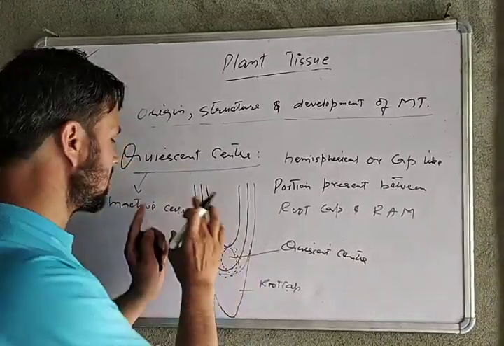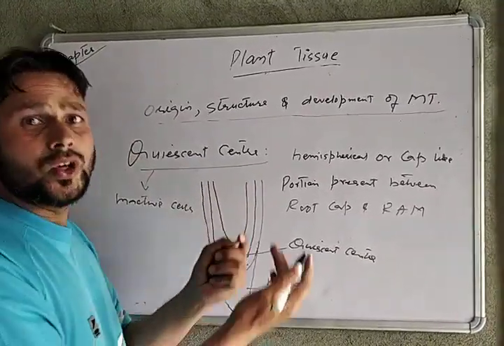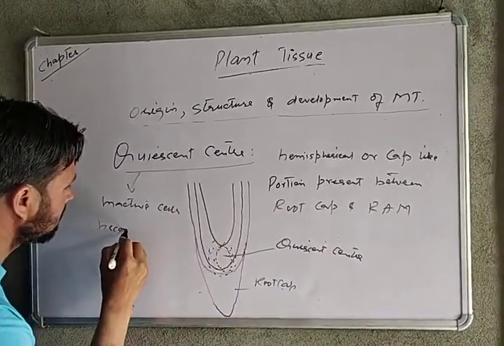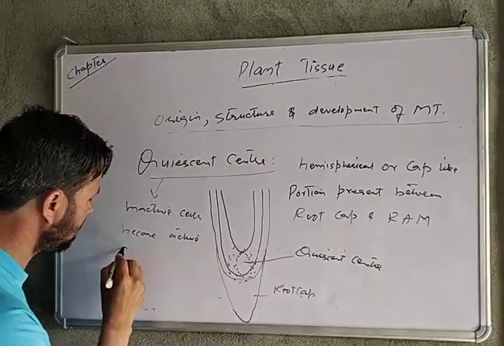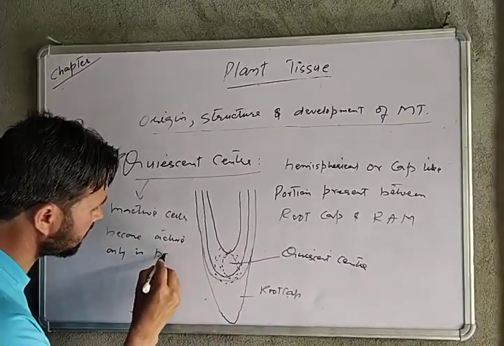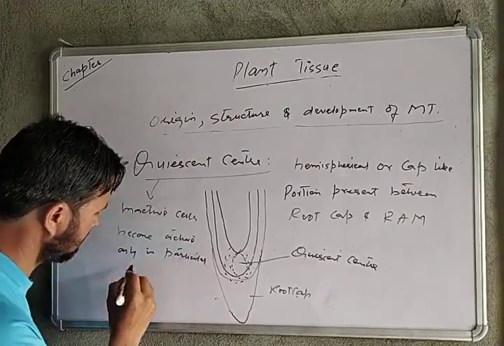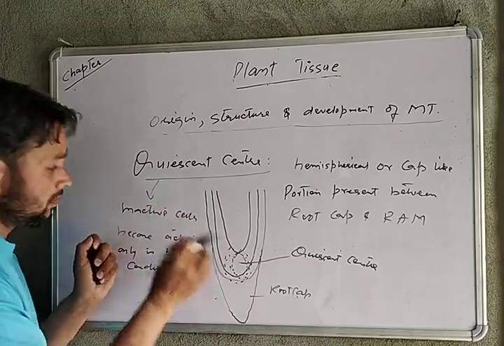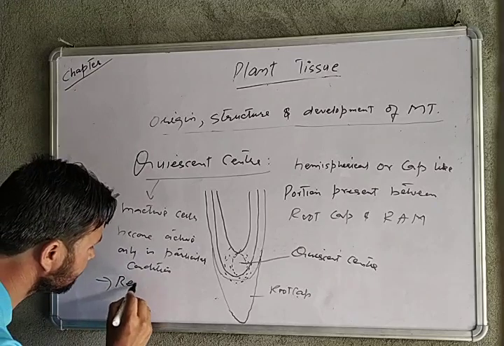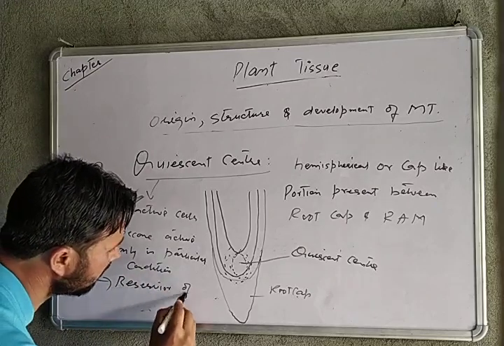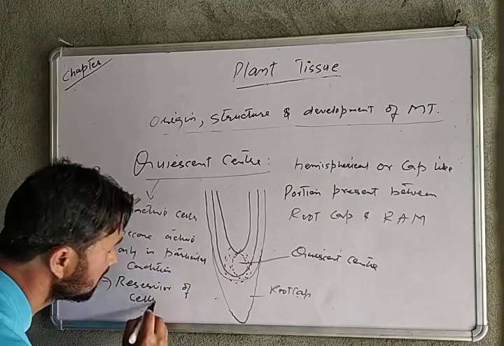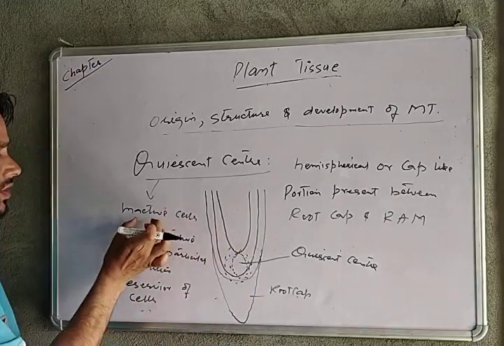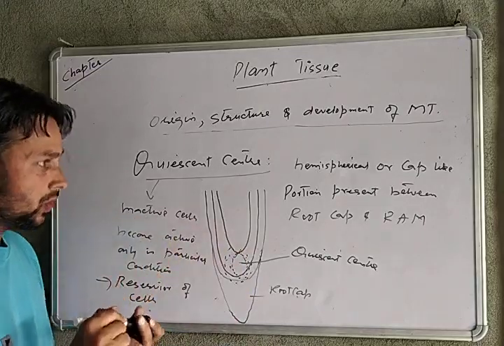They are not in an active state. They are inactive cells and become active in an emergency, only in particular conditions. Normally these remain inactive, and it is also called a reservoir of cells present between root cap and root apical meristem, which become active only in particular conditions.